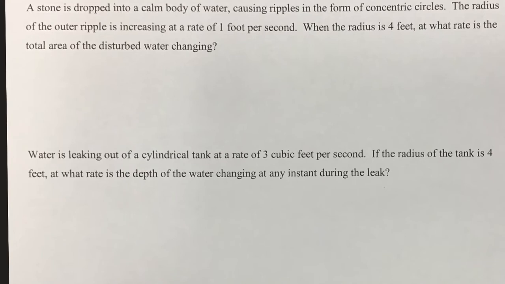Okay, let's look at some more examples of rate problems in calculus. A stone is dropped into a calm body of water, causing ripples to form circles. So think of everything you know about circles. We have circumference, radius, diameters, and areas.